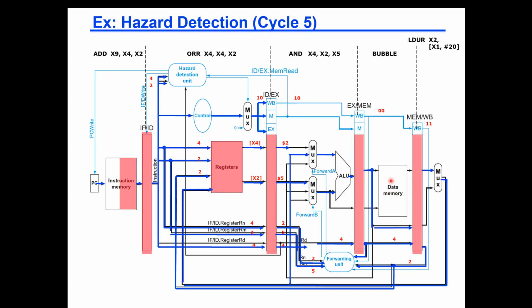So nothing is happening here. Now we are forwarding from this stage through this mechanism that we already went through. So we are essentially forwarding into port A of the ALU the value of register 2 over here.